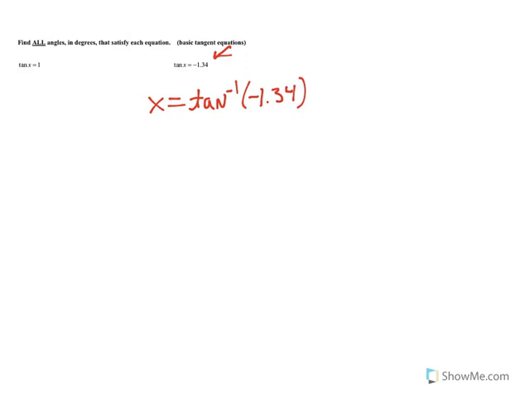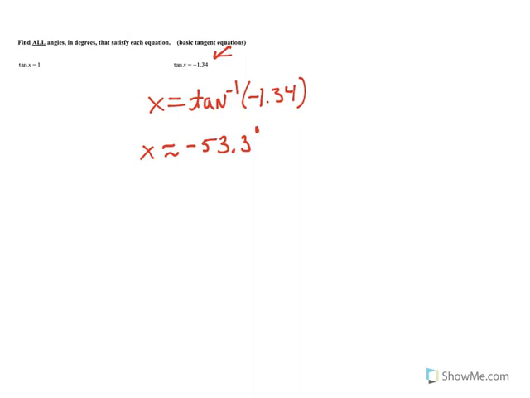And when you put that into a calculator, your calculator is going to give you an answer of x is approximately located at an angle of negative 53.3 or so degrees. And your calculator just kind of gives you the angle that's the closest to zero, the fastest way it can get there.